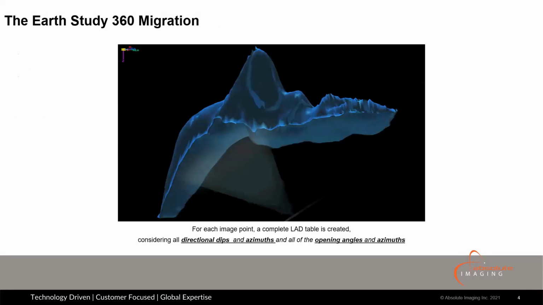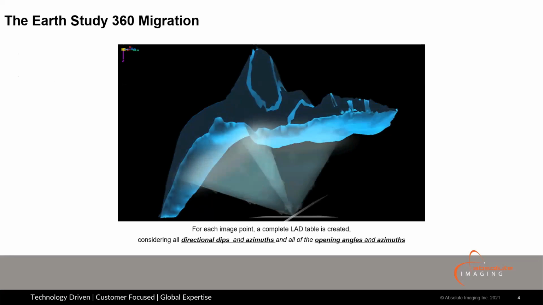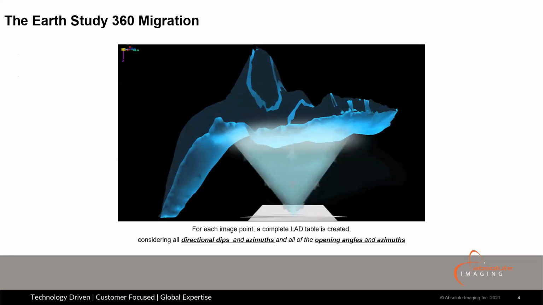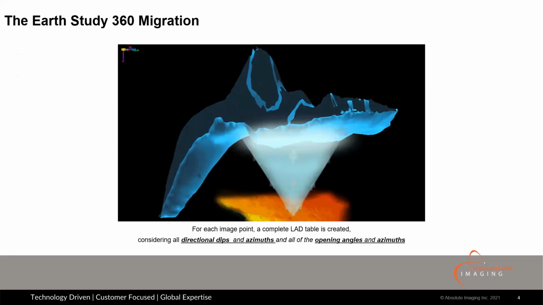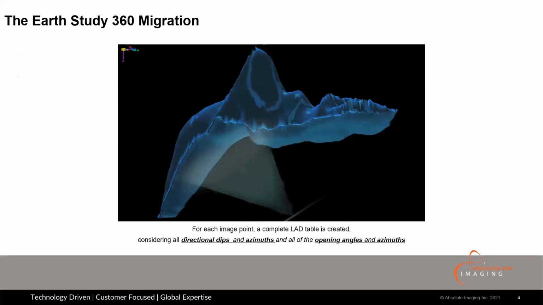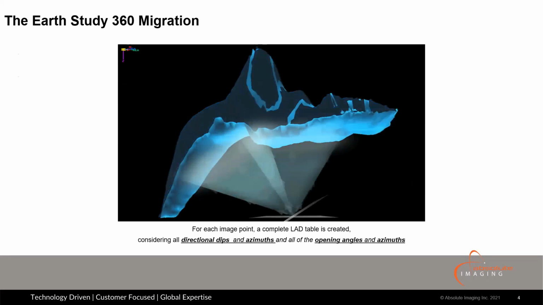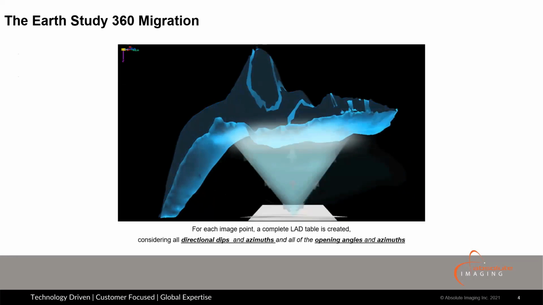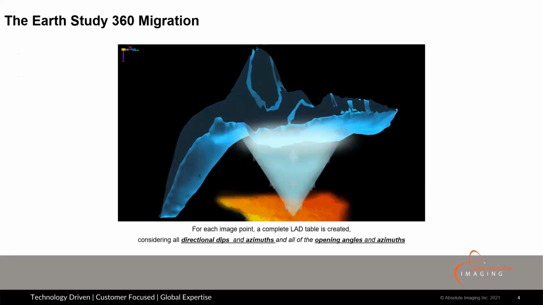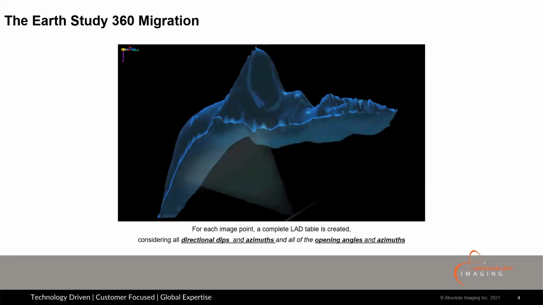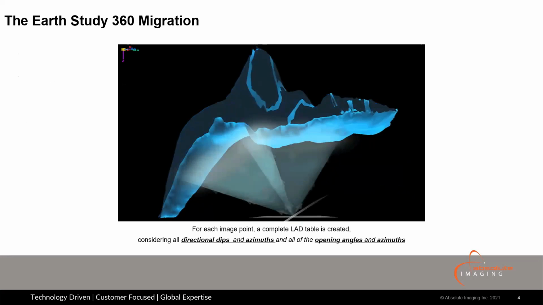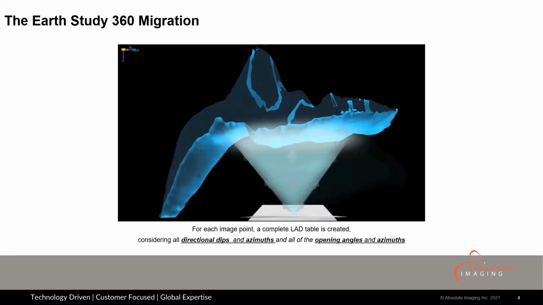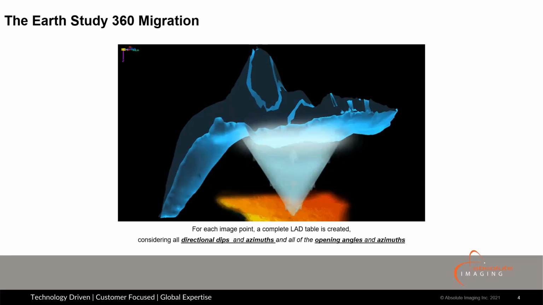Okay, so how do we first try to image the diffraction energy, how to capture it? To do this, we are using something called Earth Study 360 migration, which will illuminate it. It goes from a bottom-up approach and illuminates the surface, which enables us to decompose the whole seismically recorded field in the 5D domain.